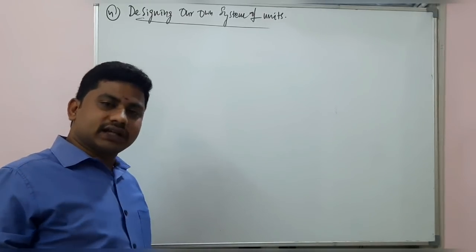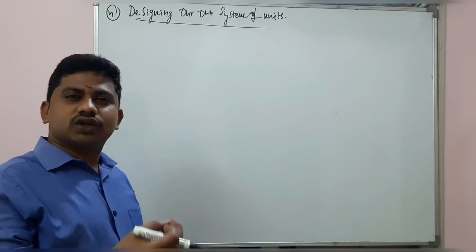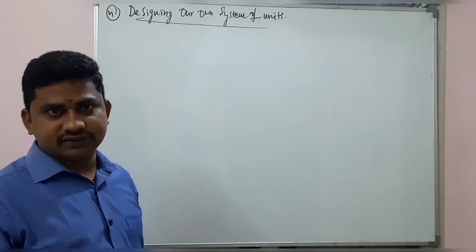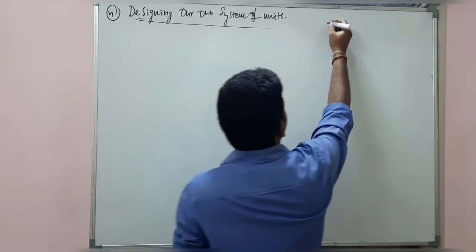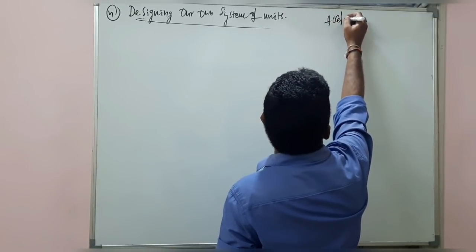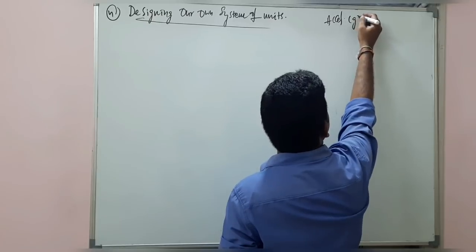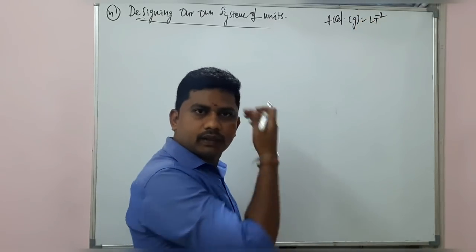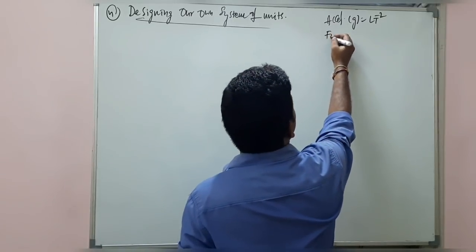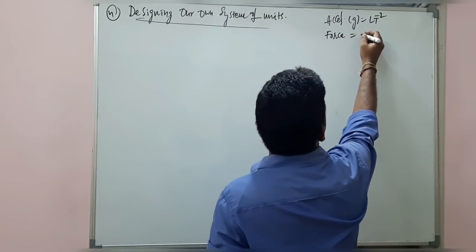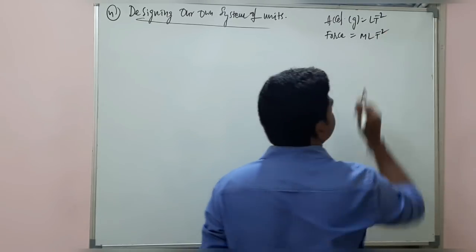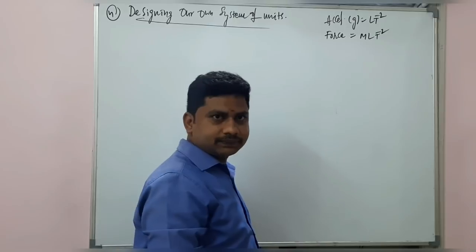Let's take a few physical quantities, as a quick recap about the physical quantities and their dimensions. Let's consider the acceleration due to gravity, whose dimensions are LT^-2. Take force, with dimensions MLT^-2 because it is mass into acceleration.